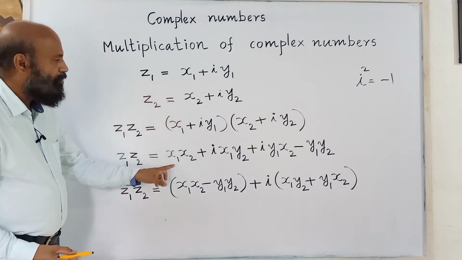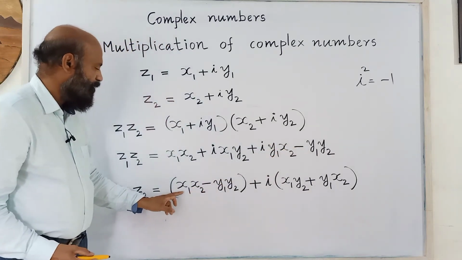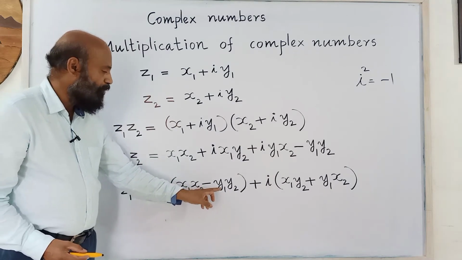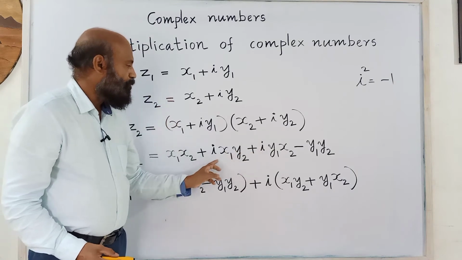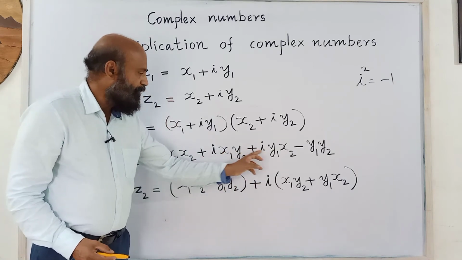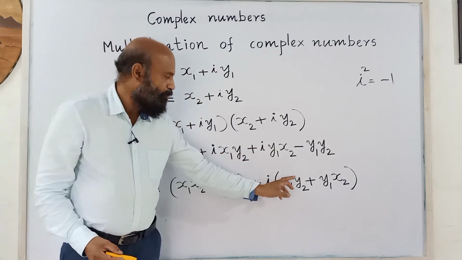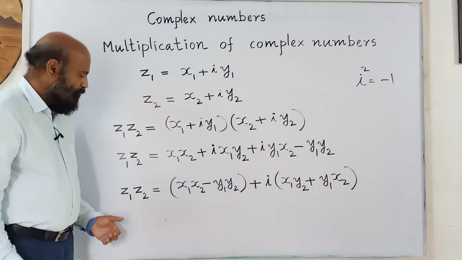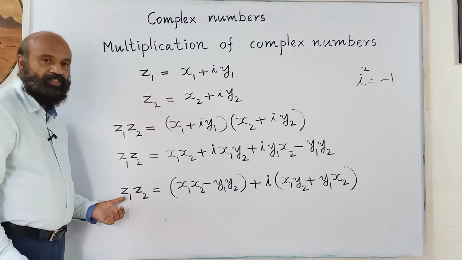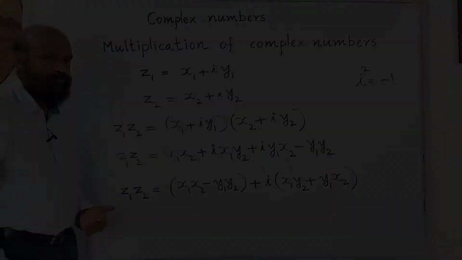Then combine these terms: x1 into x2 minus y1 into y2, plus in these two terms i is common, so take i outside, then x1 y2 plus y1 x2. So that is the product of two complex numbers, Z1 into Z2.